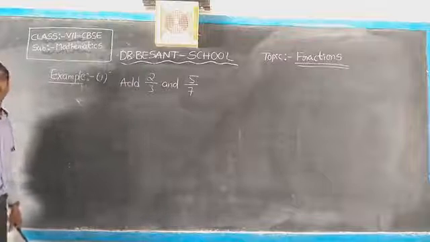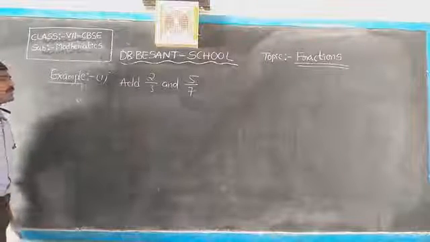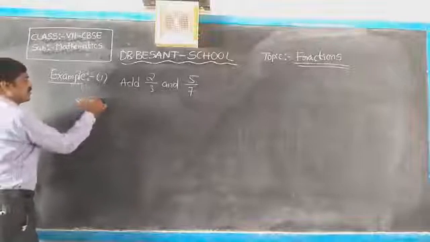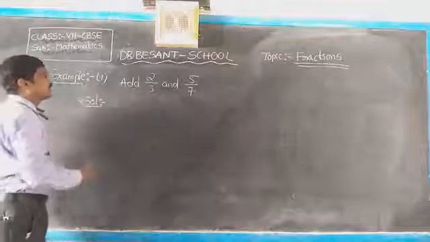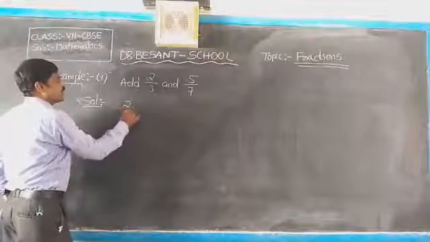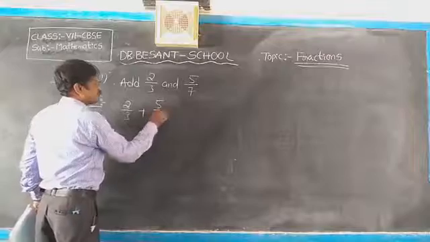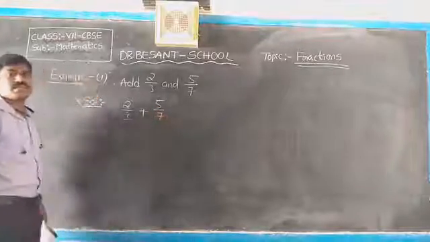So 2 by 3 and 5 by 7, how to add? First we have to take the LCM for 3 and 7. That means 2 by 3, addition means plus, 5 by 7.